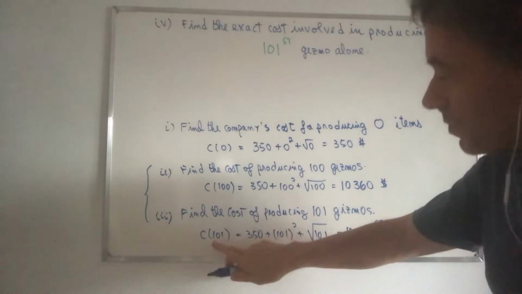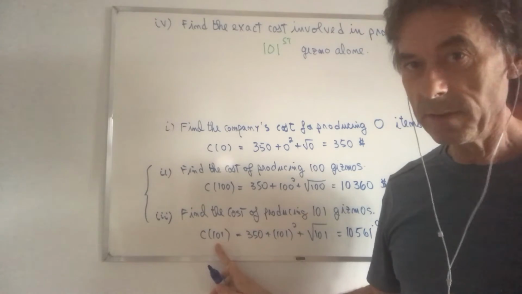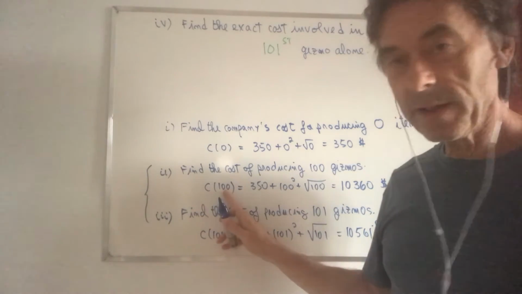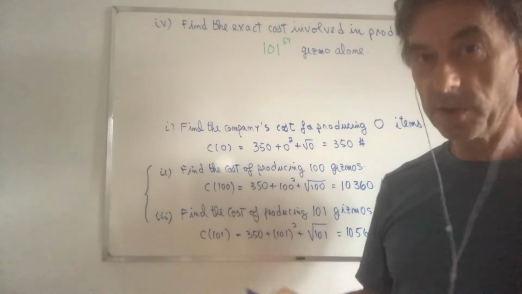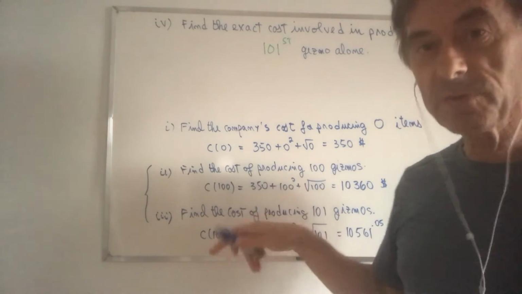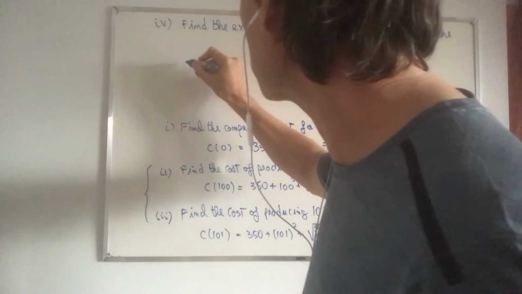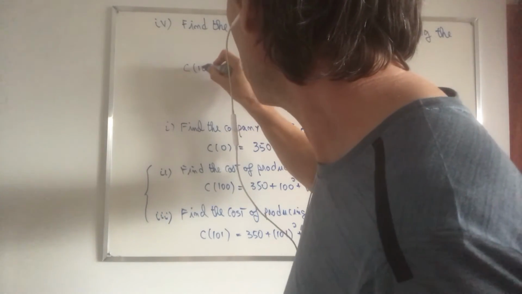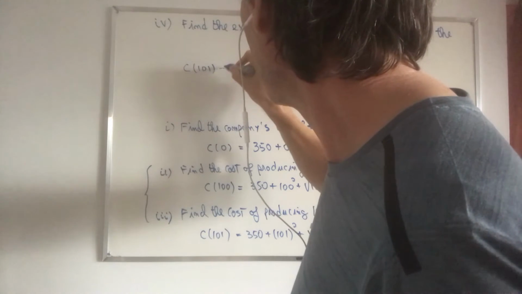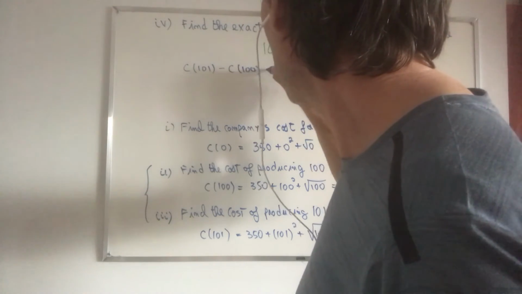If I use C of 101, that's going to be the cost of producing 101 items. And if I subtract from that the cost of producing 100, shouldn't I have the cost of producing the one item difference from 100 to 101? Clearly, the answer to this is C of 101 minus C of 100.